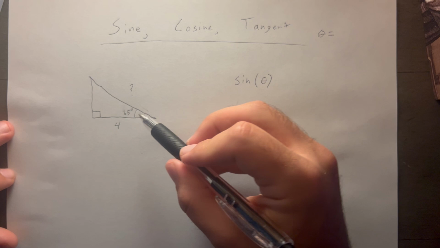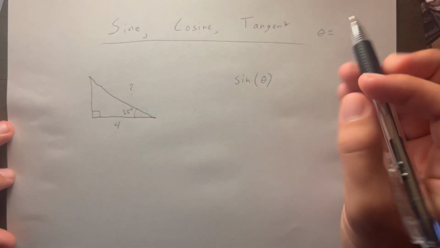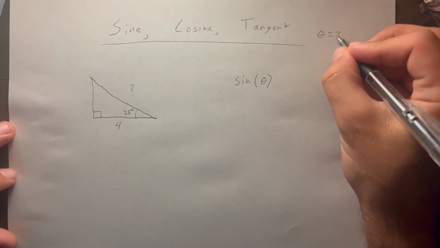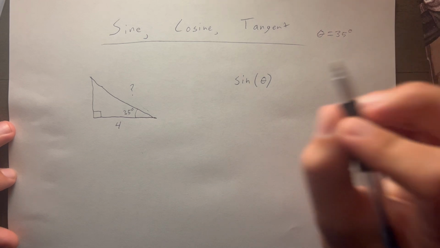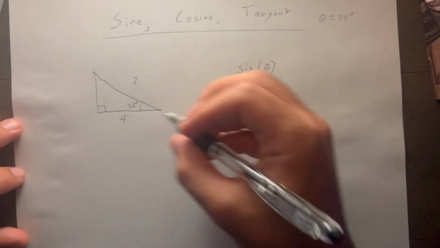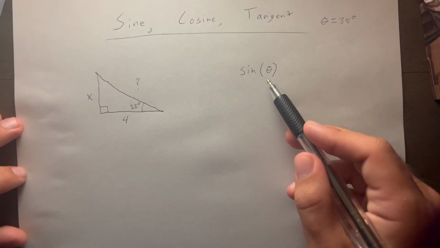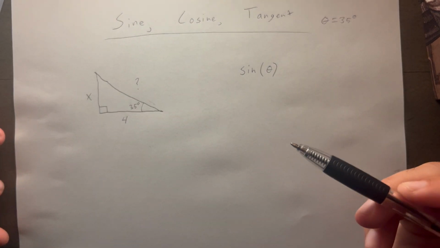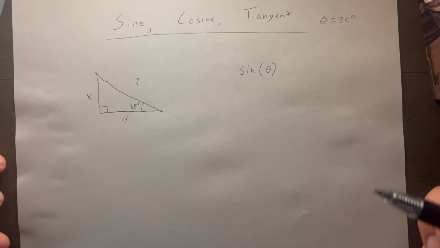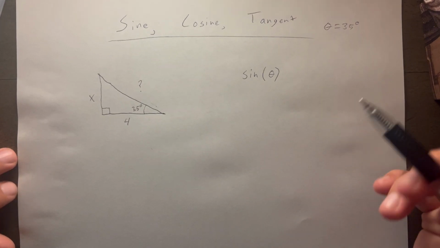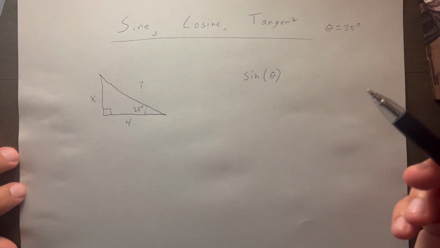In this case, the angle is 35, so we'll say theta is 35. It's the same thing as calling this side x, or anything like that. In the same way that the Pythagorean theorem is a squared plus b squared equals c squared, you use those stand-ins. The theta is just a stand-in for this case.